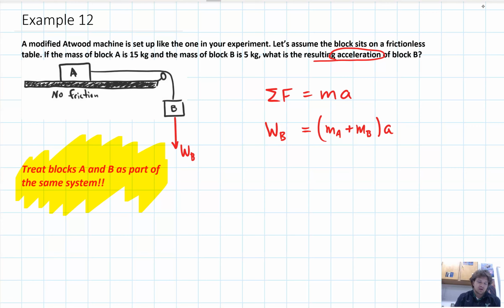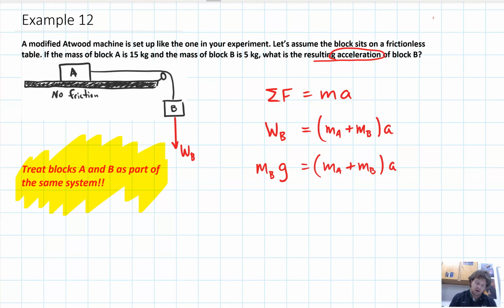So the one thing I need to do is this weight right there, we can express that a little bit differently with our equation for the force of gravity and weight on an object. So mass of B times the pull of gravity, g. And that's the only thing we changed, so everything else we just carried down. And now we're trying to solve for a. Okay?